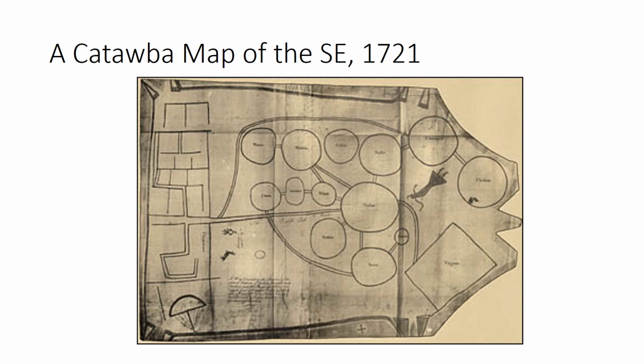What does that represent? That represents the Catawba people's hunting grounds, which is not right where their village is, and that was usually the case with native peoples, especially east of the Mississippi. You don't do all your hunting right where you live. You have to travel a ways because the game gets exhausted right where you live.